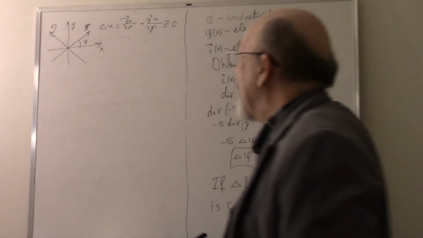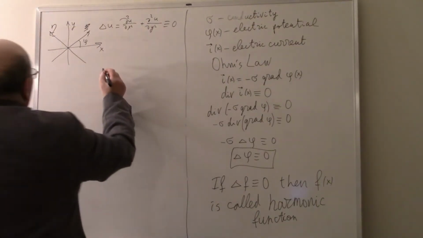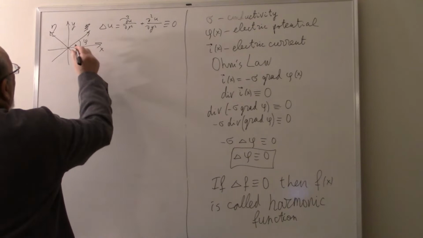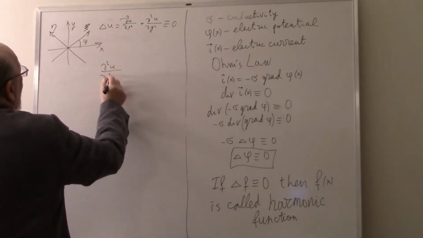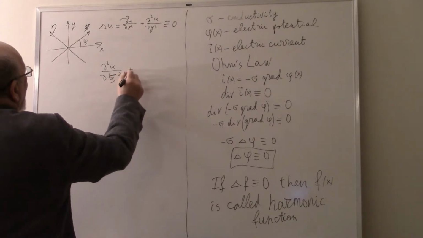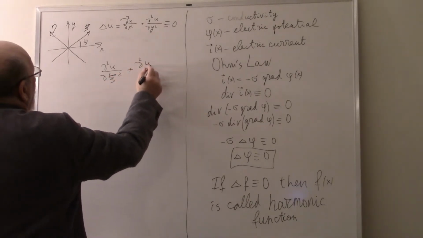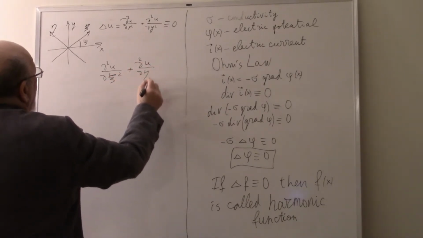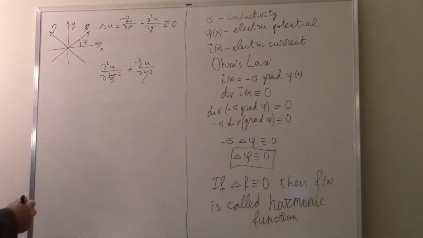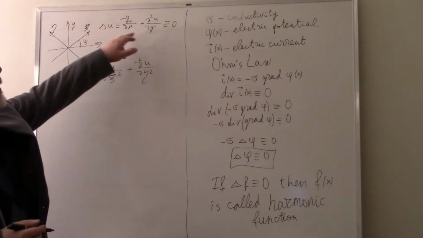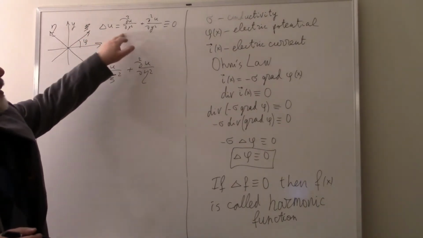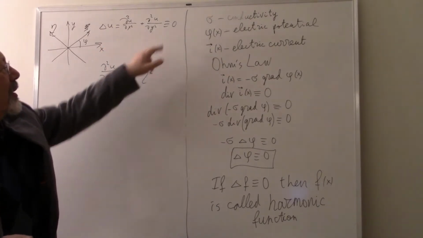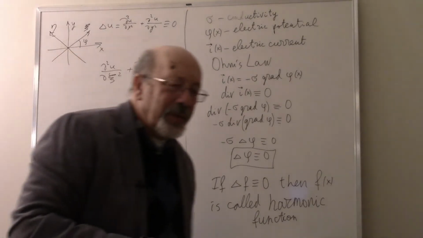And we can also find the following thing: d2u d psi square plus d2u d eta square. And suppose that this function is harmonic in the sense that this sum of second derivatives is 0.